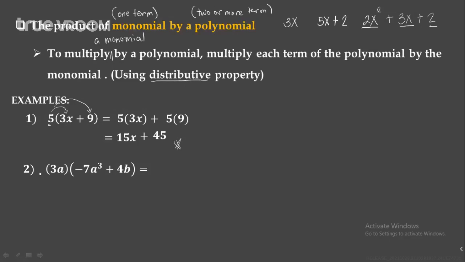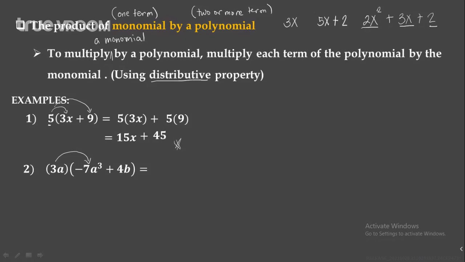Next, number 2. We have 3a times negative 7a cubed plus 4b. So we have two terms inside the parentheses. You are going to multiply 3a to the first term. What will it be? 3a times negative 7a raised to 3.